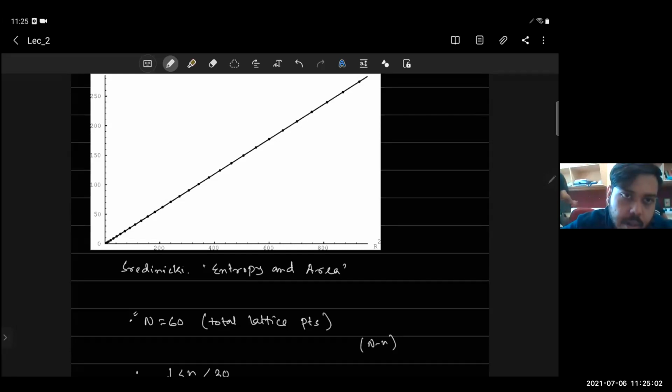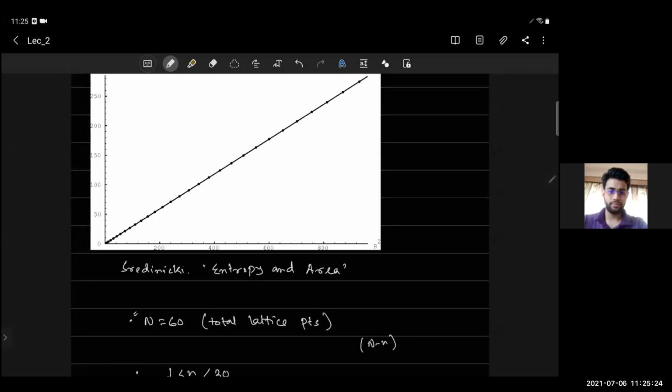So the straight line fit is probably not correct at low values of n, close to the origin. That's what I understood from this discussion. Is this correct or wrong? I also think like that. Okay.